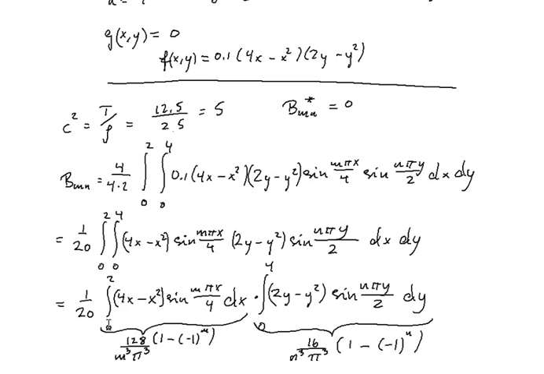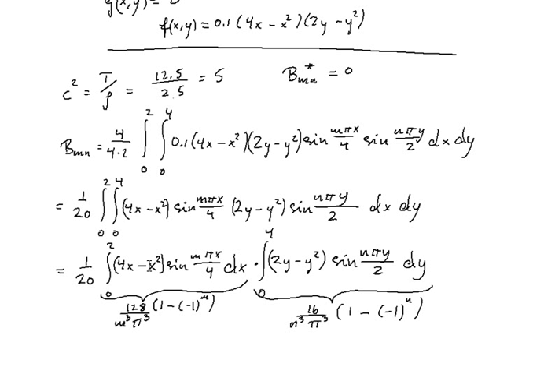And therefore we can split this integral into two integrals and multiply them with each other. One from 0 to 2 and one from 0 to 4. This one is integrated with respect to y, and this one is integrated with respect to x. It's easy to compute this integral by using the same method as we have done before. We use just separation of variables, and I'm not going into details here.